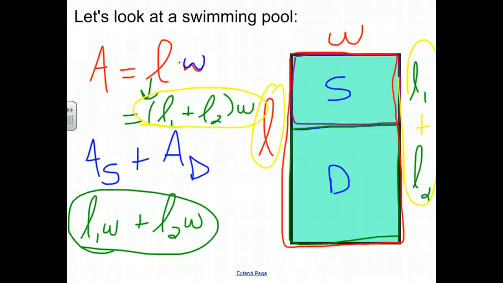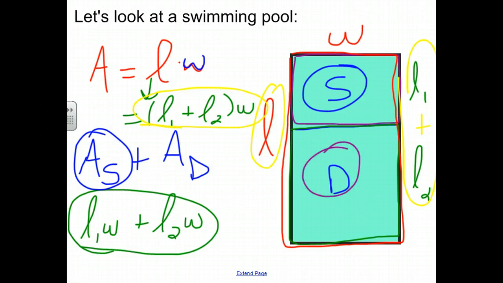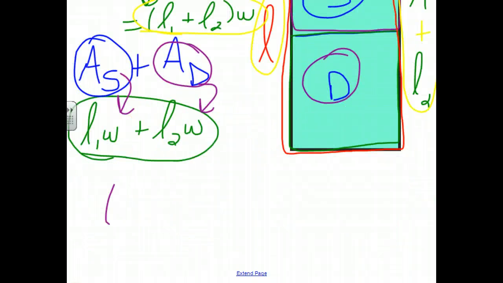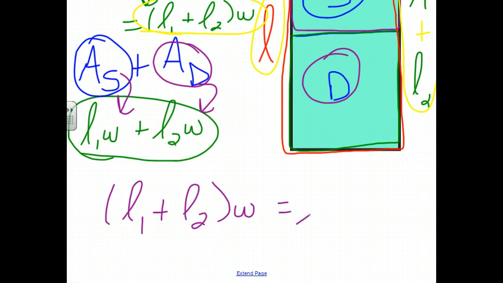On the other hand, the area of the shallow section plus the area of the deep section gives you the area of the swimming pool. So what we see is that the overall area, length 1 plus length 2 times width, is the same as length 1 times width plus length 2 times width.